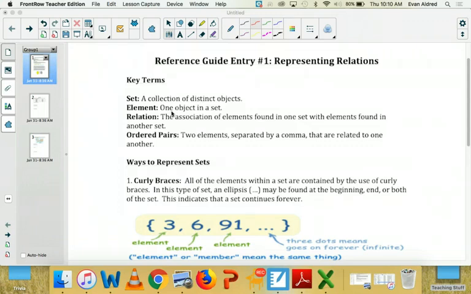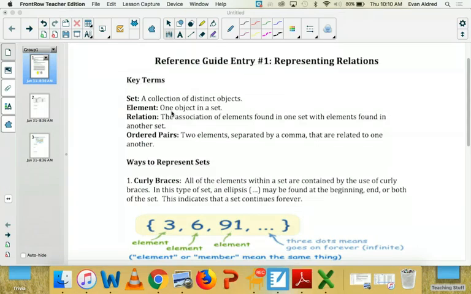And the final definition, which you may have heard of, probably in a graphing unit in a previous course, is ordered pairs. Ordered pairs are 2 elements that are separated by a comma that are related to one another. Again, those could be numbers, but they don't have to be. We'll see examples today of ordered pairs that are not numeric, that are just objects or things.